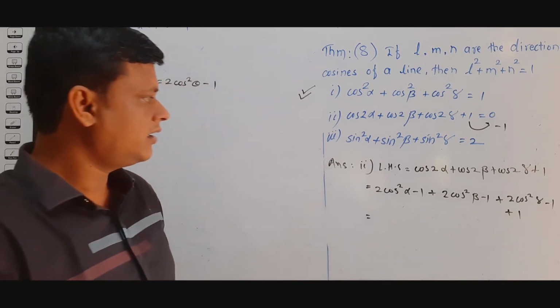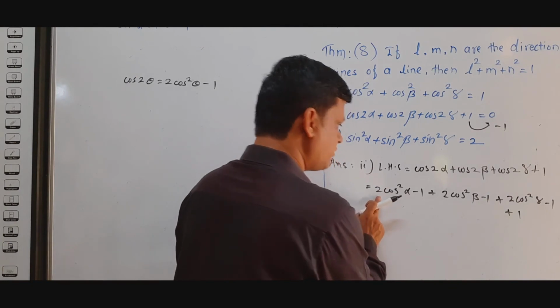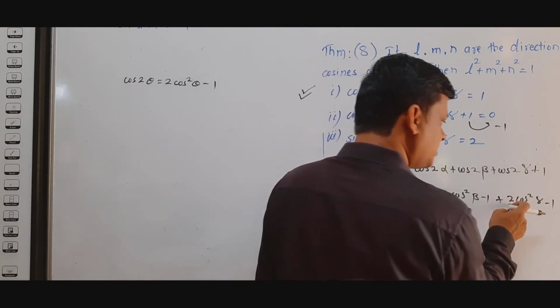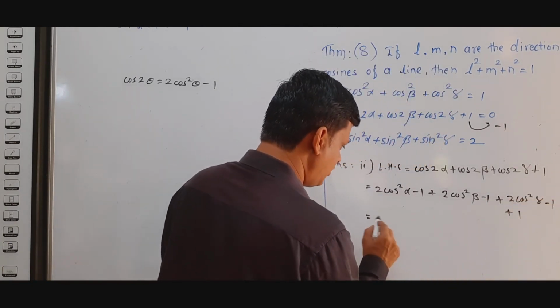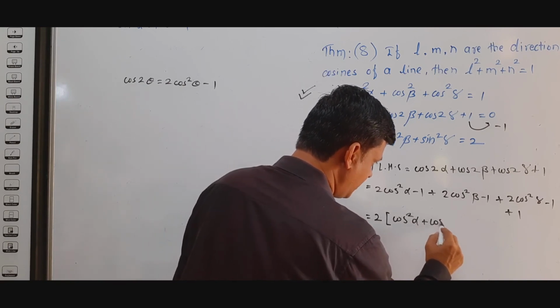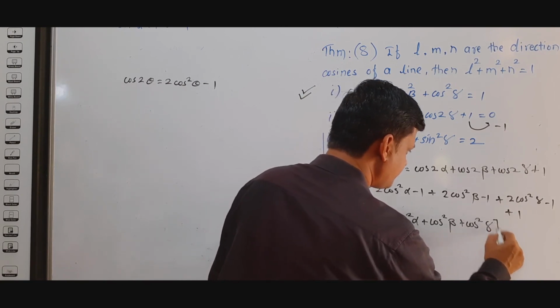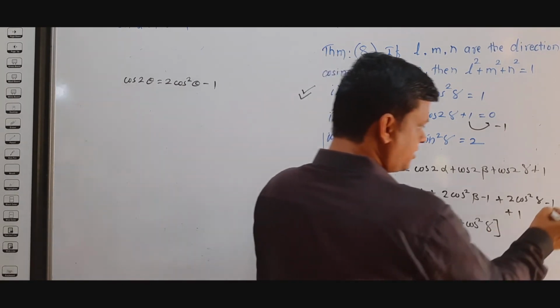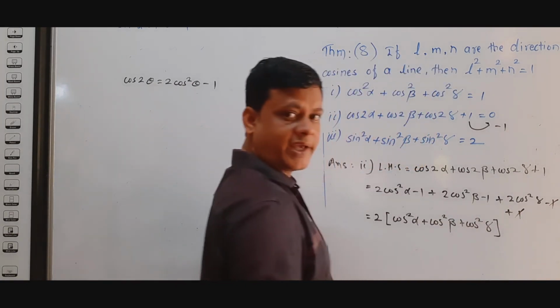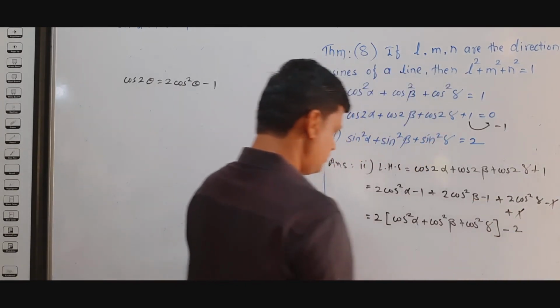So collect the cos square terms. We write here 2 cos square alpha, 2 cos square beta plus 2 cos square gamma. So we take 2 common. We write here cos square alpha plus cos square beta plus cos square gamma. Now this minus 1 plus 1 gets cancelled. Minus 1, which we write as minus 2.